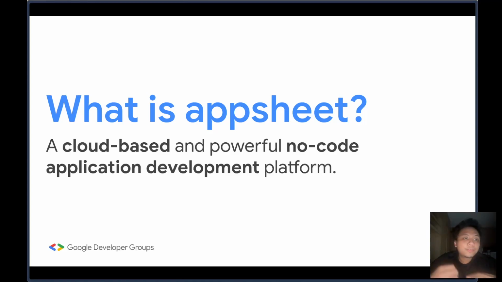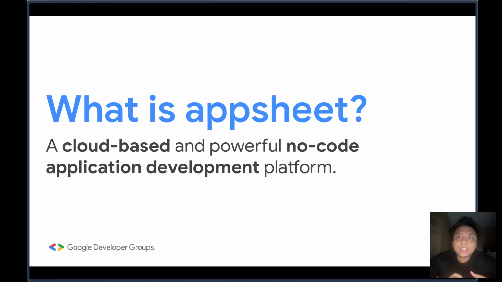What's AppSheet? For me, it's a cloud-based and powerful no-code application development platform, specifically used with Google Workspace. So it is connected through Google Workspace. And for those who are confused, what is Google Workspace? What is the difference between Firebase, or Google Cloud Platform?